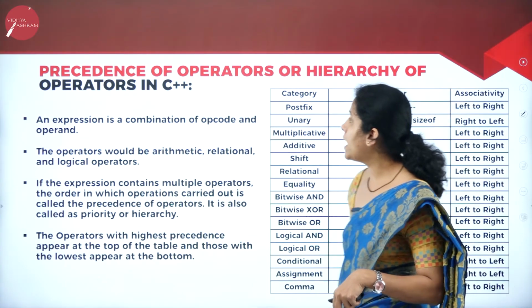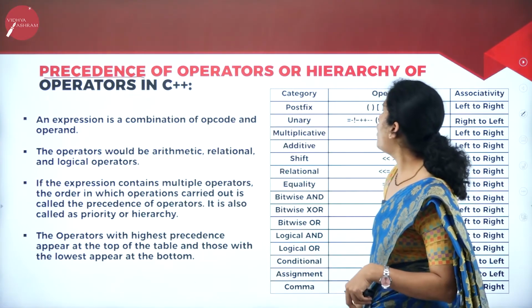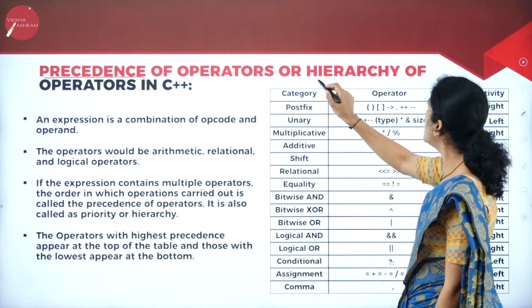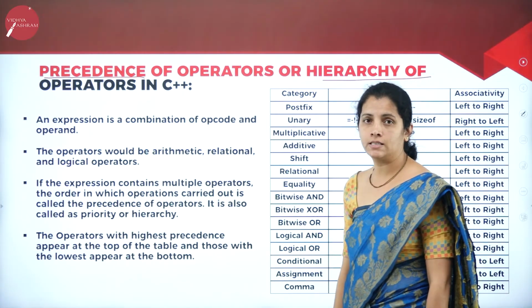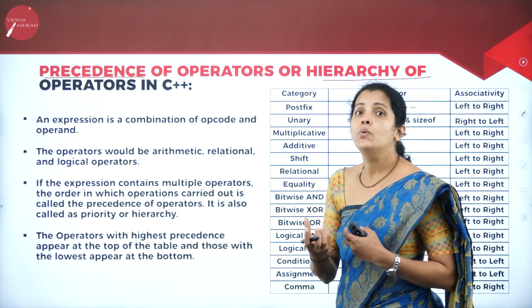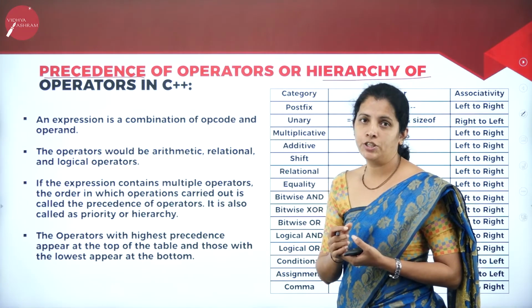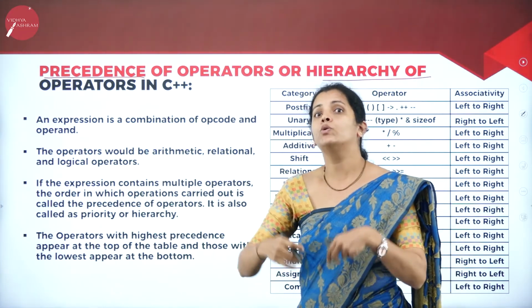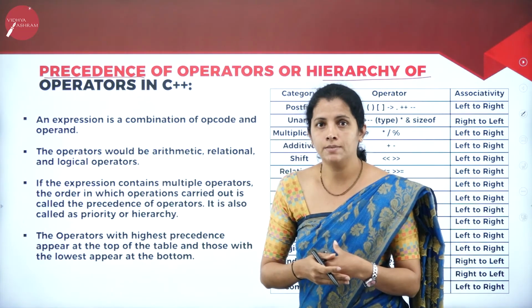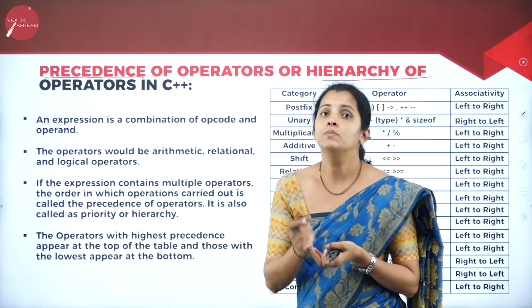Then I'm going to have the topic, that is precedence of operators or hierarchy of operators in C++. So dear students, we all are familiar with the word expression. So we are going to have certain expressions and I want to evaluate those expressions. In that time, I want to follow some rules.